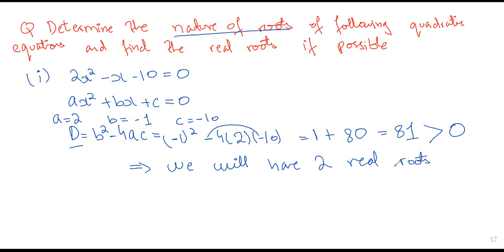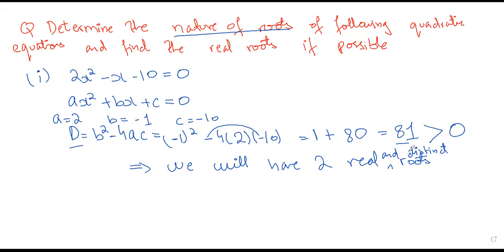You can also write we will have two real and distinct roots. Why am I using this word distinct? Because our roots are going to be real, otherwise we will have no solution. But it could be that our roots are the same, right? We have repeated roots. So, since this is positive, it is not zero, it means that we will have distinct roots, right?